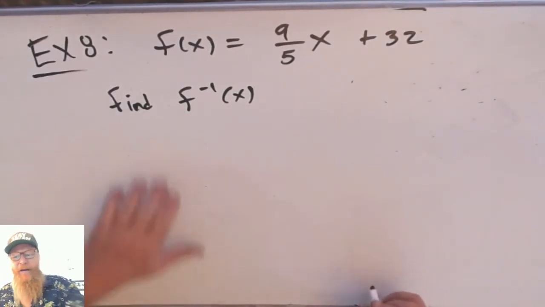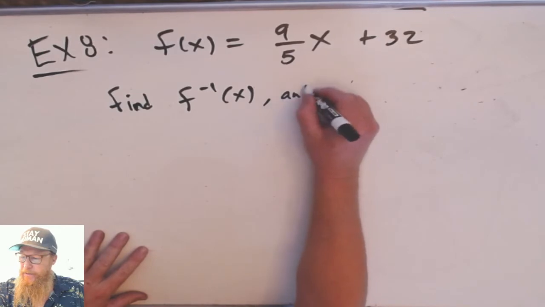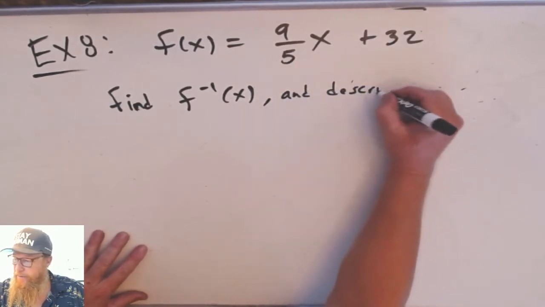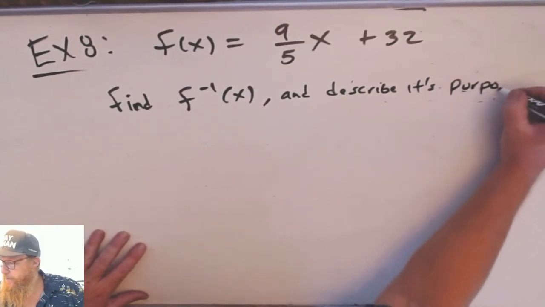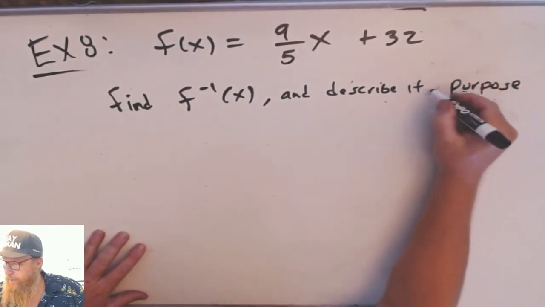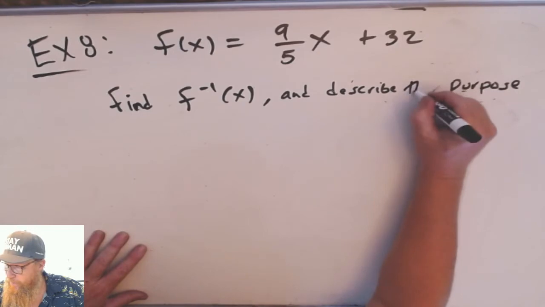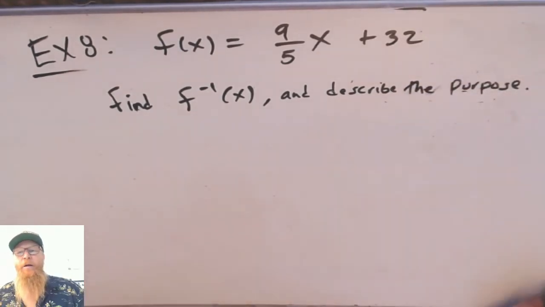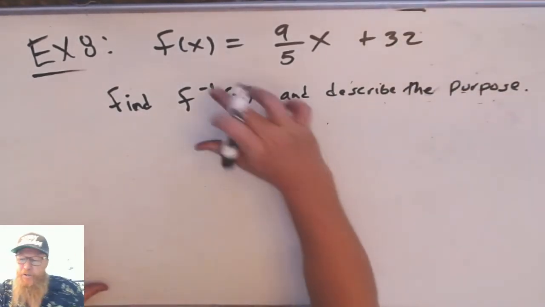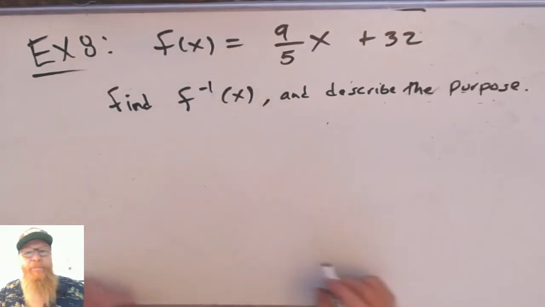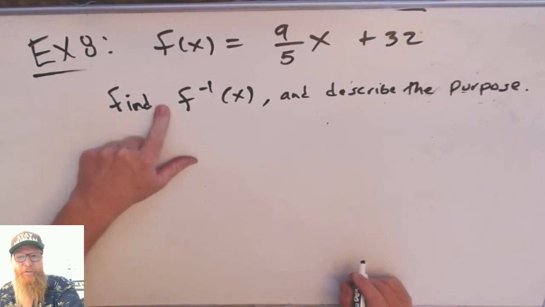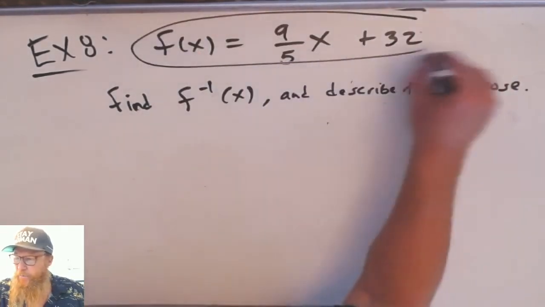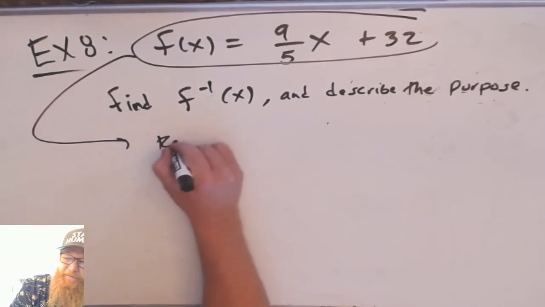So find the inverse function and describe its purpose. No apostrophe on its. Describe the purpose. In other words, what is the inverse used for? What is it going to do? Okay, let's go ahead and do it. Find the inverse function. So this will be a little review of 3.7.